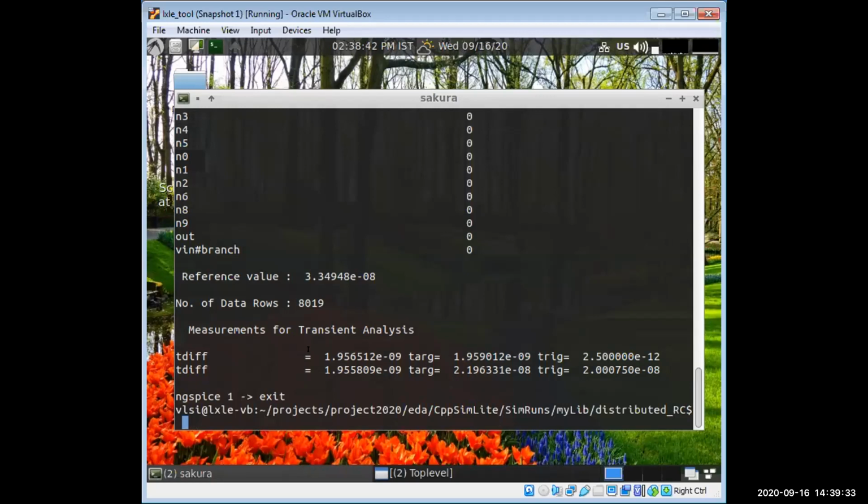That means we have found this delay for A to B propagation. You can see here, I will show you.